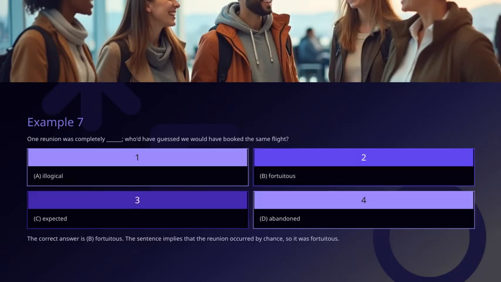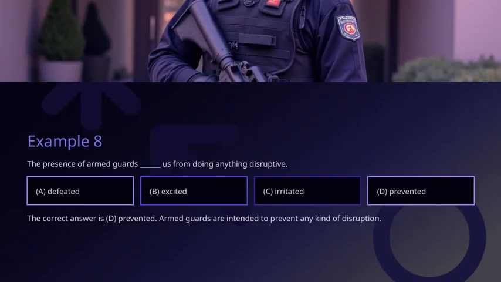That perfectly captures the idea that the reunion was a happy accident, unexpected but pleasant. So the correct answer is B, fortuitous. Remember, this example highlights how context clues help us choose the right vocabulary, which is essential for understanding and communicating effectively.